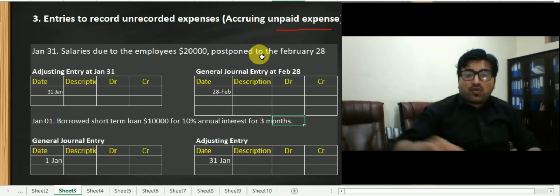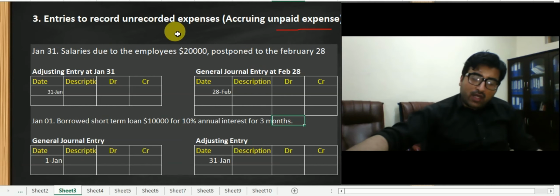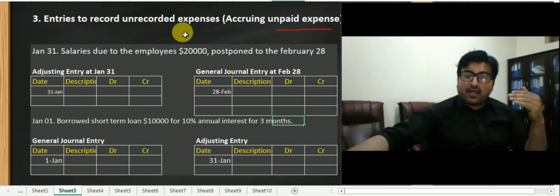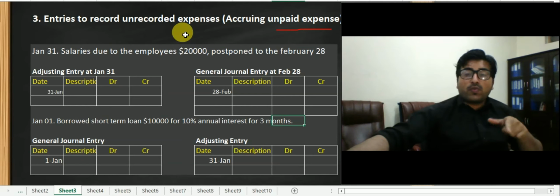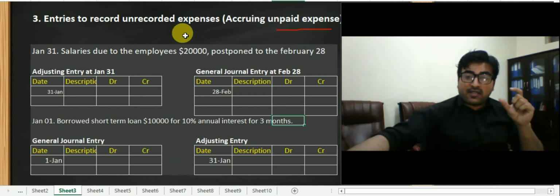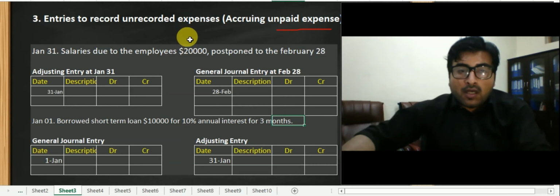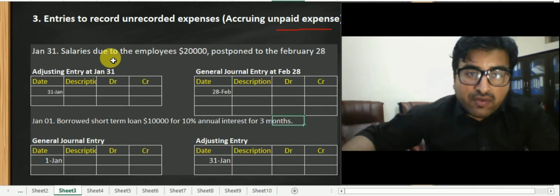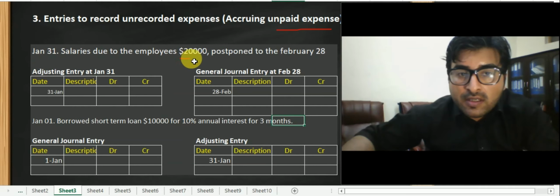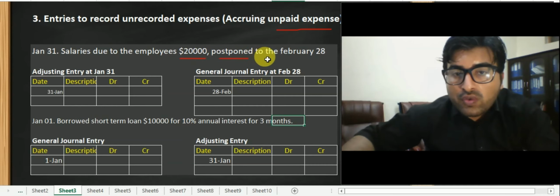Okay, so in this third one, we learn that if expenses are incurred in a business, but a company is planning to pay them in another period, no problem, but to record it now, it must be recorded. And that is the concept of the accrual, to record the expenses irrespective of the payment. So what we have here, January 31st, salaries due to the employees 20,000 postponed to February 28th.